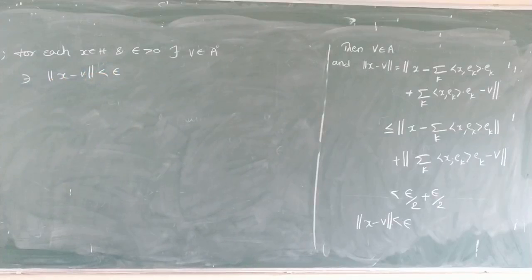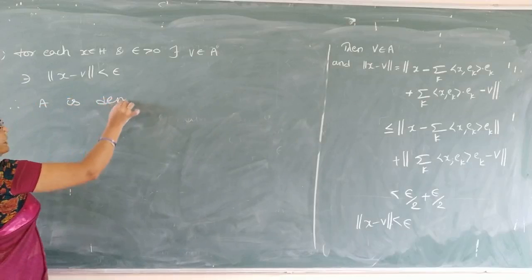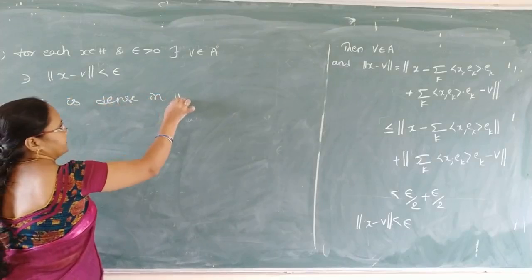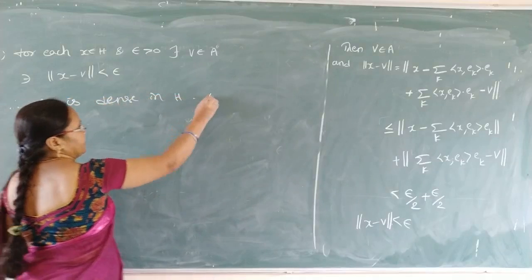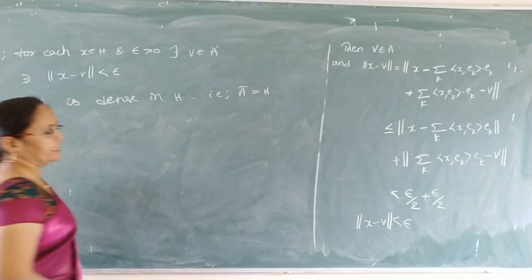So A is dense in H. Therefore A is dense in H, that is, A bar is equal to H.